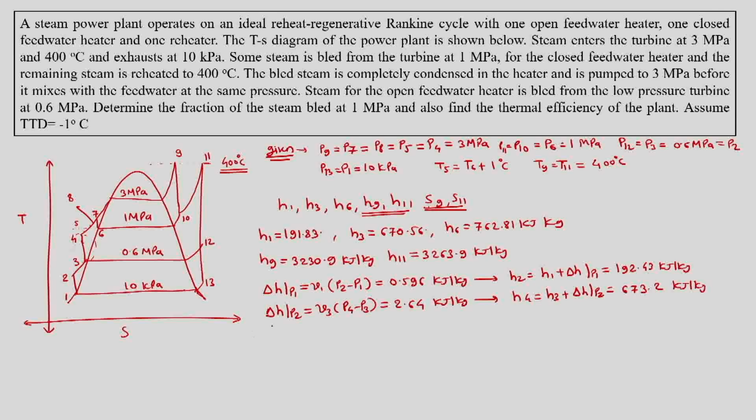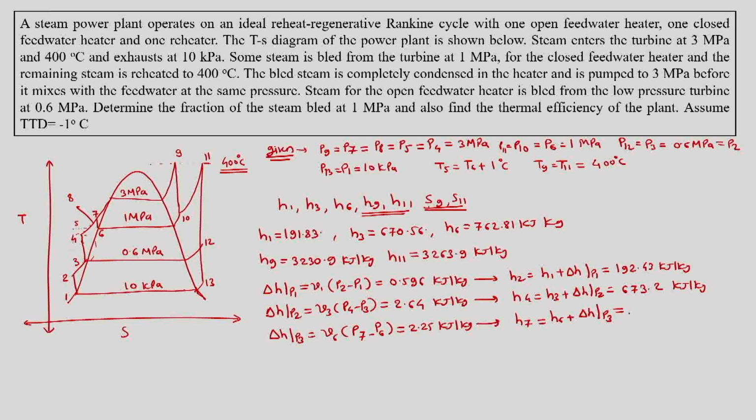kilojoule per kg. Then we can find out delta H P3, which is specific volume at 6 into P7 minus P6, and this gives us the value of delta H P3 as 2.25 kilojoule per kg, and we can get H7 as H6 plus delta H P3.